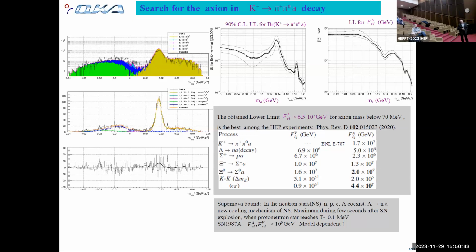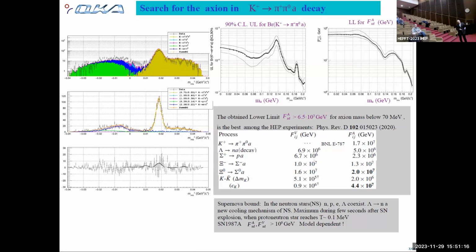Okay, there is actually a limit from astrophysics, say from neutron star formation when there is a supernova explosion. The neutron star is formed, and inside this neutron star there may be a decay of lambda to neutron axion.